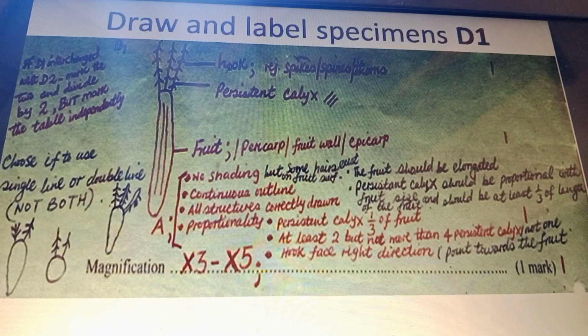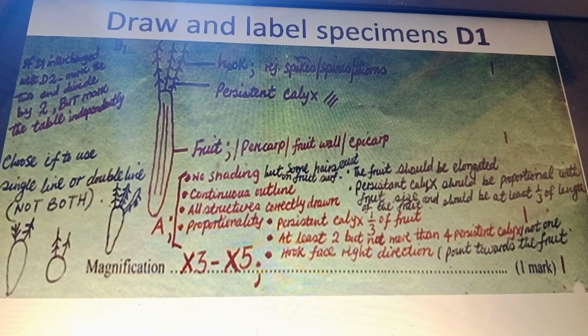The hooks should point towards the fruit. There is another one at the corner there. If D1 is interchanged with D2, mark the 2 and divide by 2. But mark the table in the better entry, because sometimes when putting the specimen, somebody might interchange. Choose to use single line or double line, not both. All right.